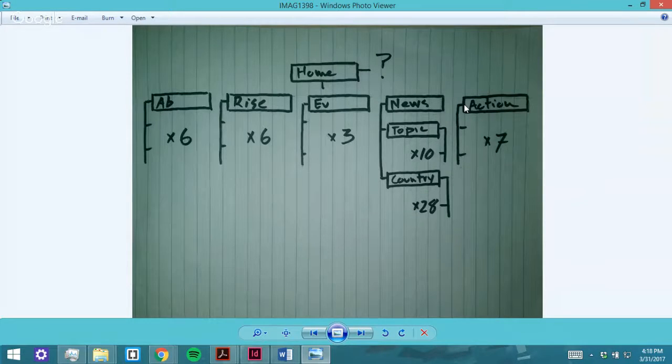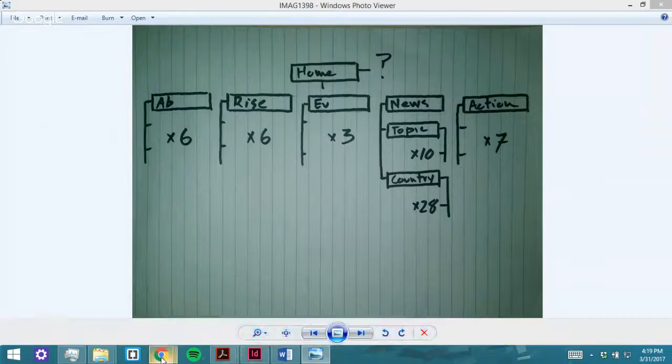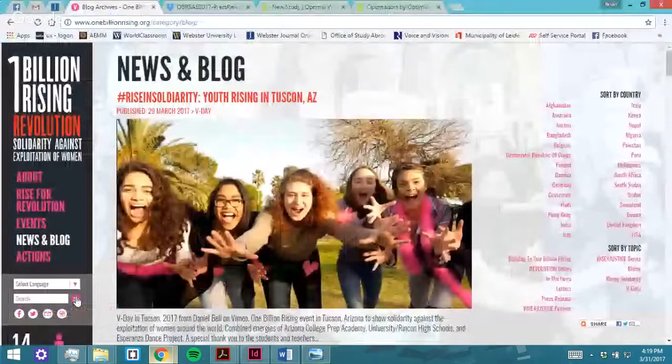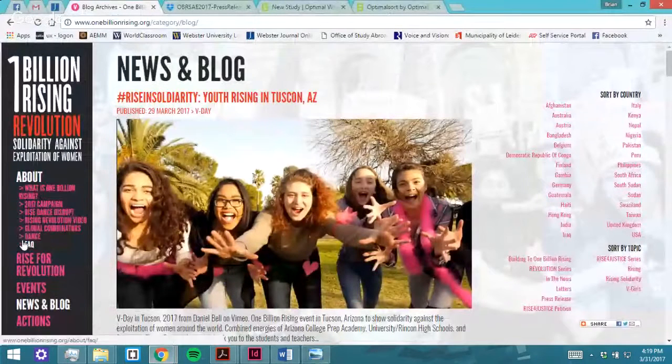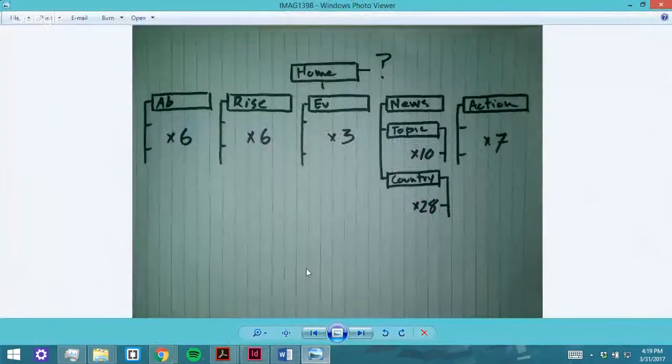Those are my main navs on the site as they are, and they break out into different categories under each one, as we can see on the site right there.